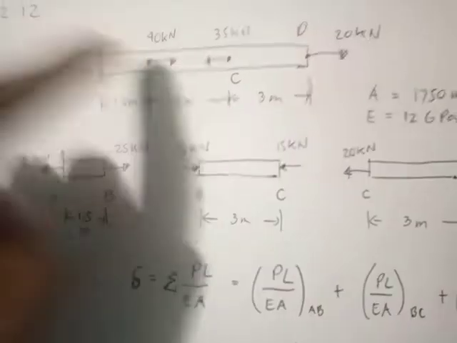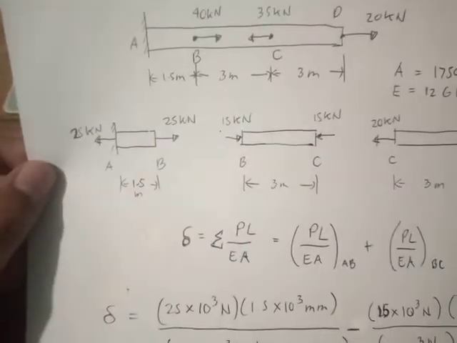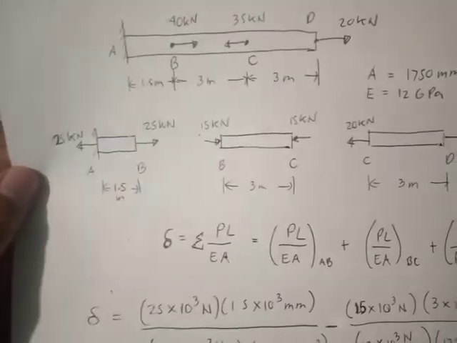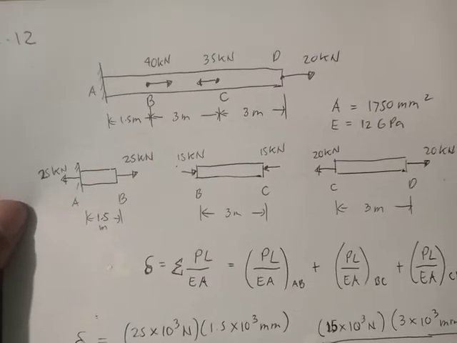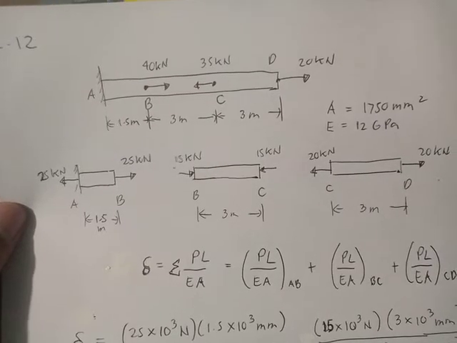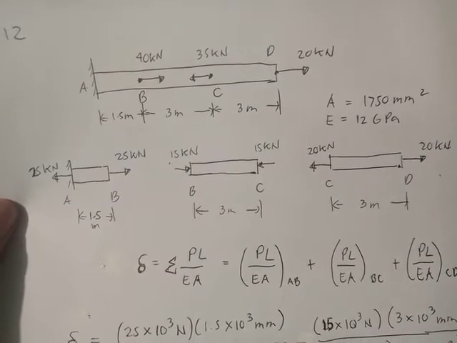If you add them, it will become 40 kilonewton right. Therefore, 25 kilonewton at AB is tension, at BC 15 kilonewton compression, and at portion CD is 20 kilonewton tension.